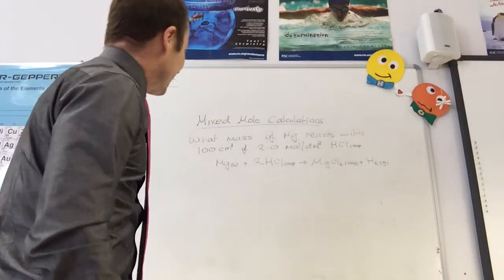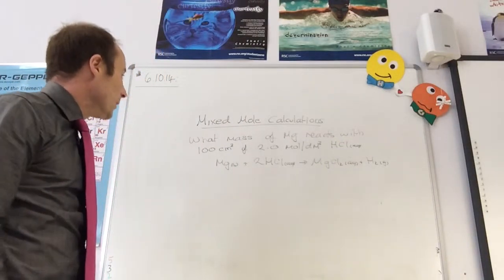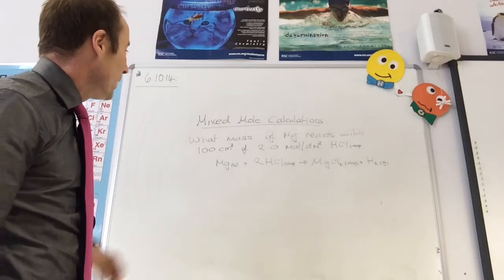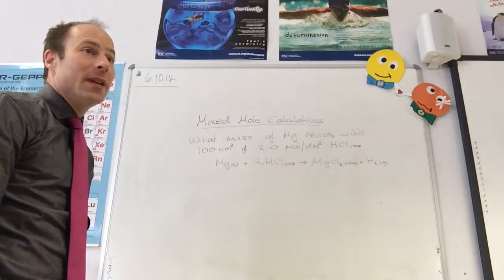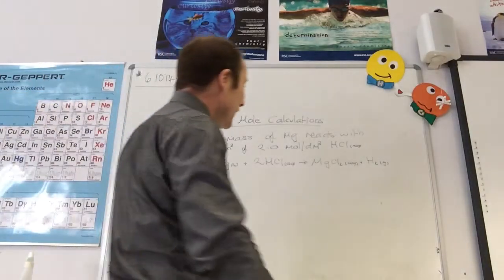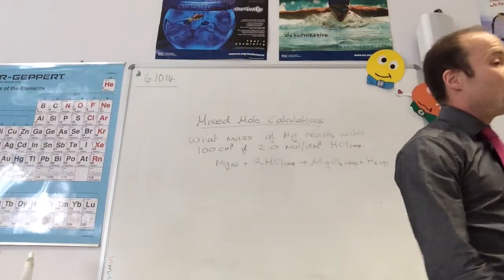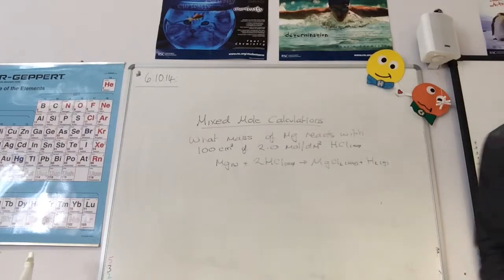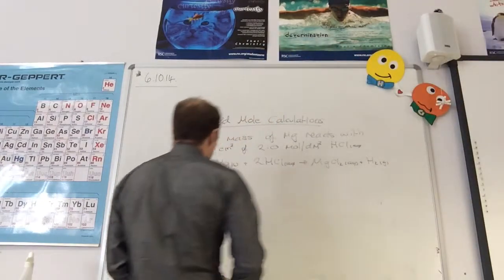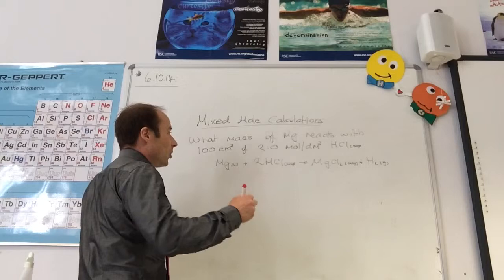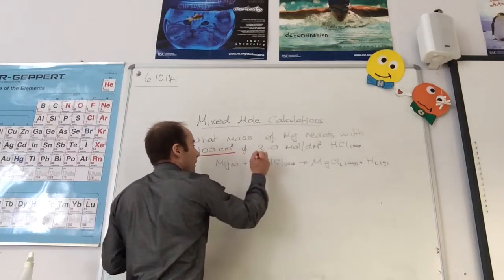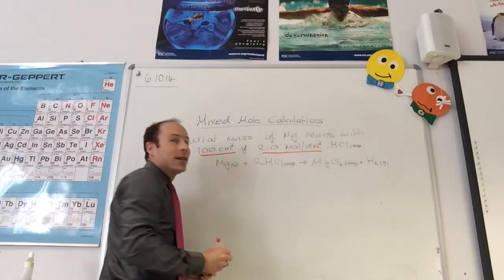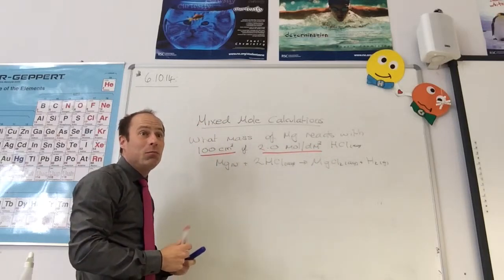We're going to do some mixed calculations now, and the first one we're going to do is what mass of magnesium reacts with 100 centimetres cubed of 2 mole per decimetre cubed HCl. For all of these, you can always work out the moles of something. So, what can I work out the moles of? I have got a solution here, and I have got a volume, and a concentration, and therefore I can work out moles.